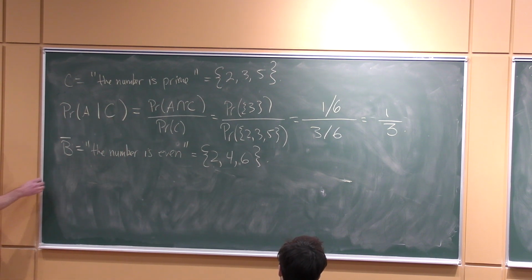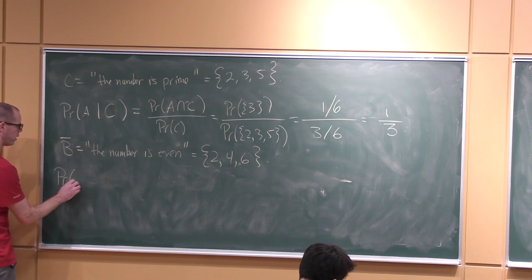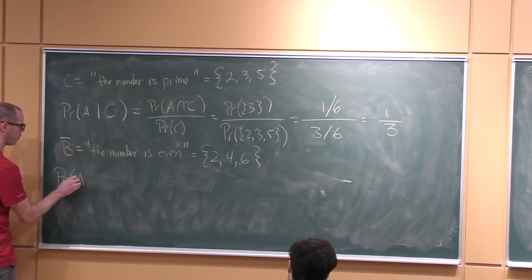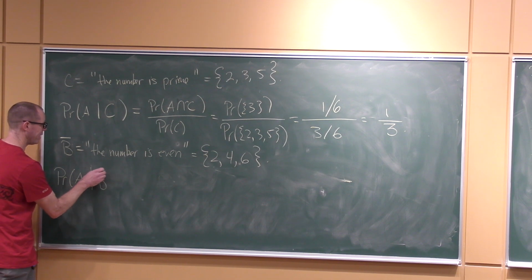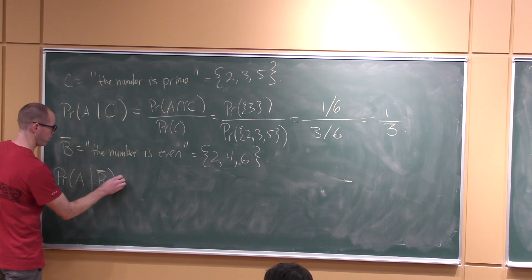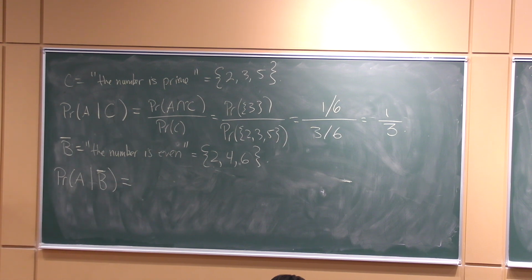If I ask you, what's the probability that you roll a 3, given that you roll an even number? Intuitively, what's the answer? Should be 0, right? I rolled an even number, and 3 is not an even number, so I can't have rolled a 3. Let's see where that shows up.